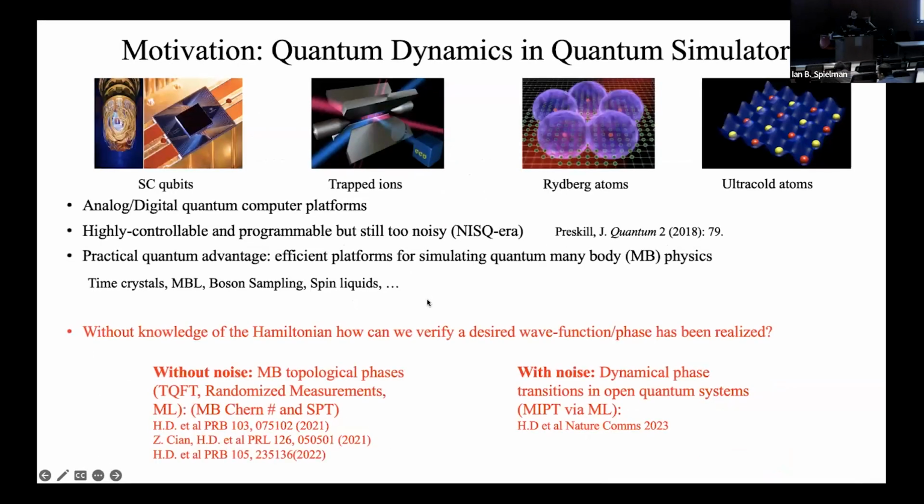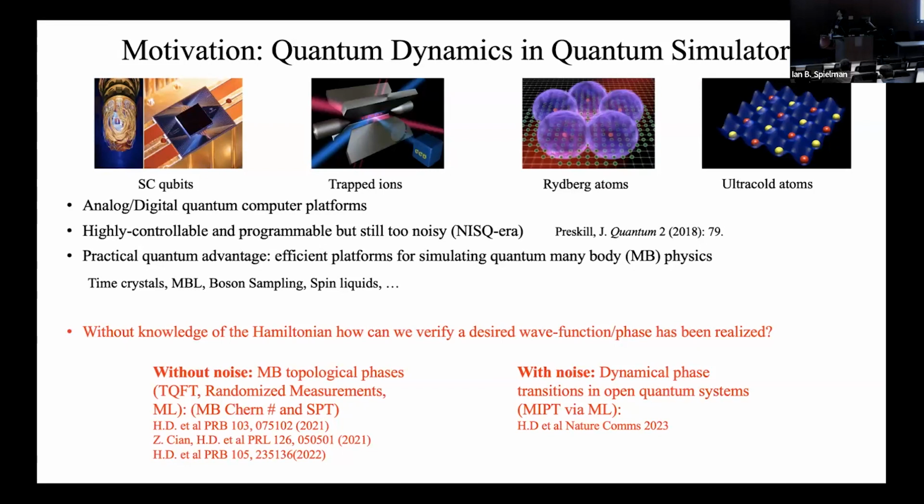Okay. So for this audience, of course, I don't need to say much about motivating the significance of quantum simulation. However, the point that I want to highlight is that once we use these machines to engineer some many-body Hamiltonian, we should always have some ways of verifying whether the generated wave function has the properties that we were looking after.